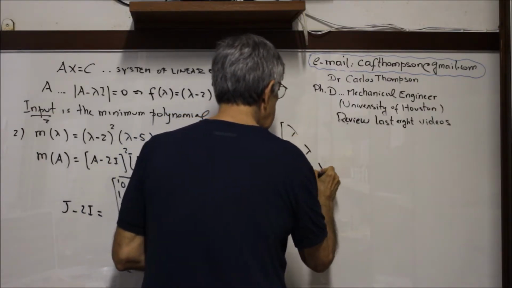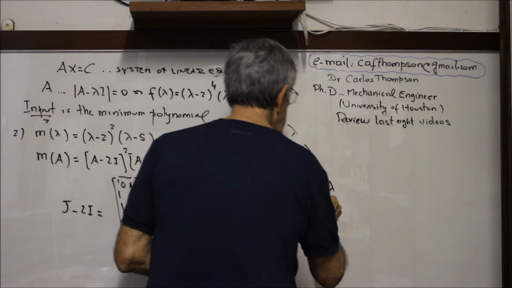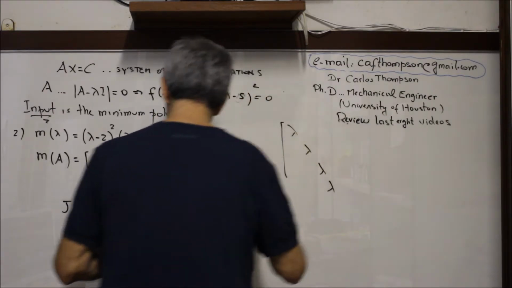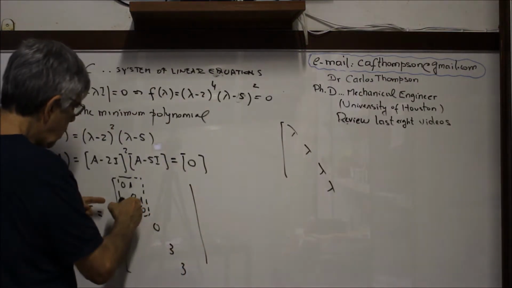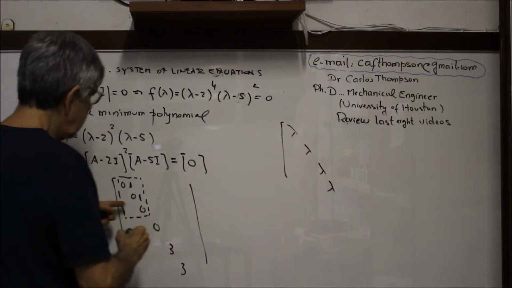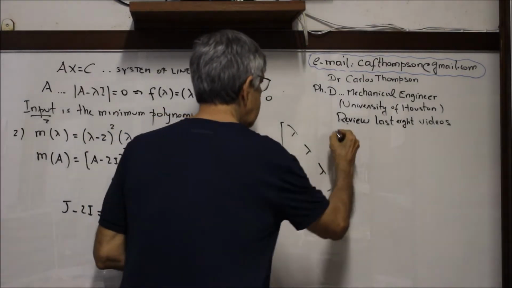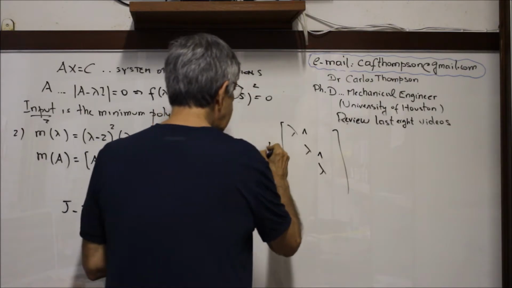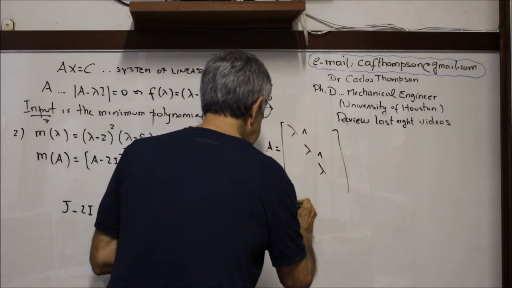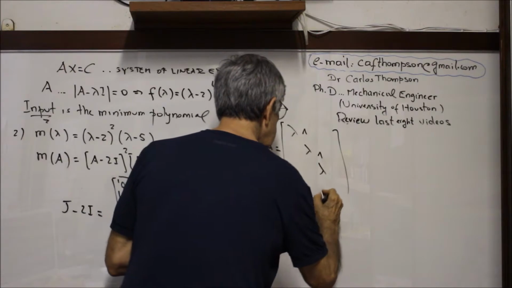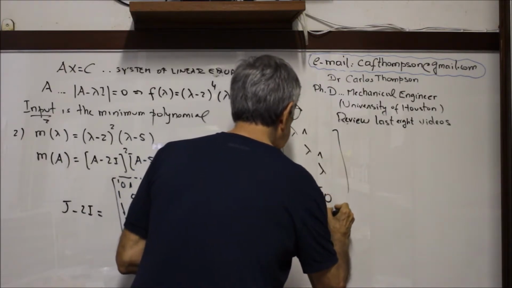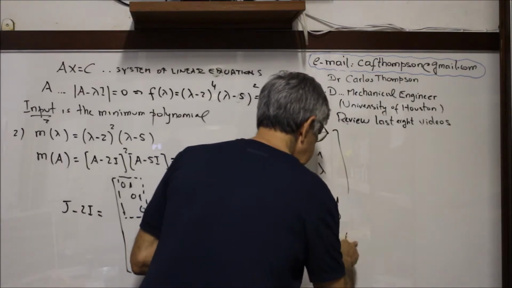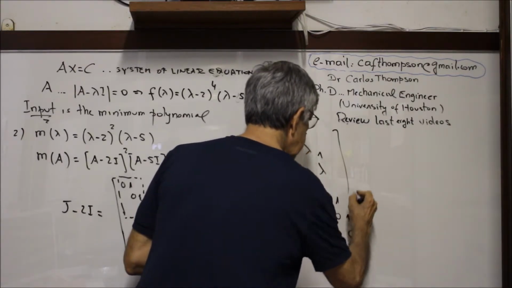This block, just remember, lambda, lambda, lambda, and lambda. I have 4 lambdas. Now I have 3 lambdas, okay? And I have 1 here and 1 here. Now this is A. A minus lambda I is equal to 0, 0, 0, 1 here and 1 here.